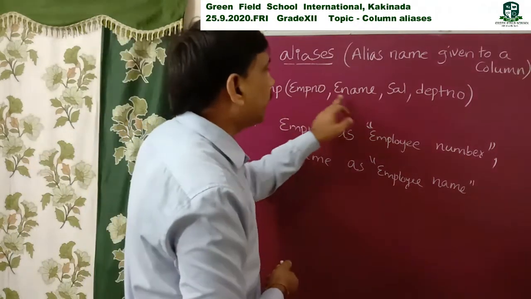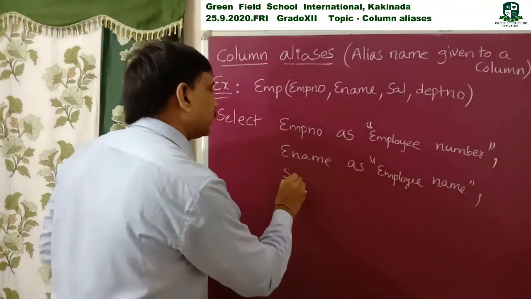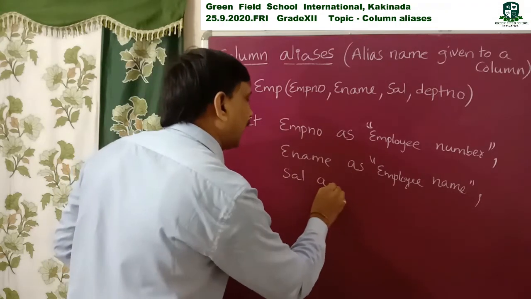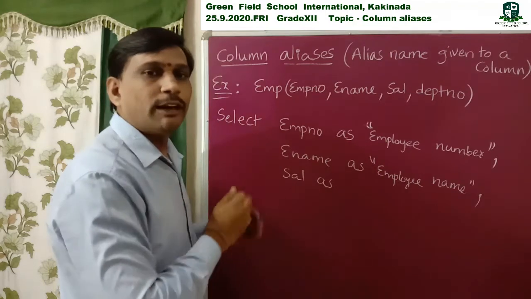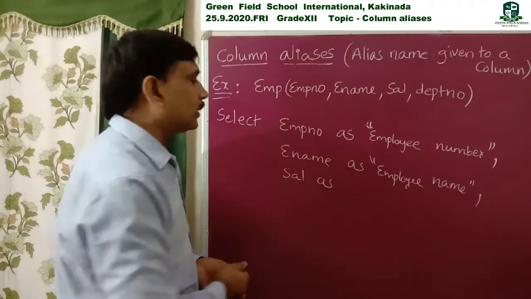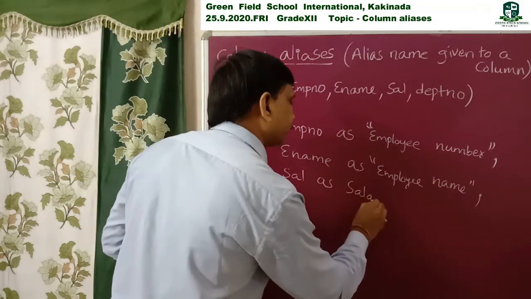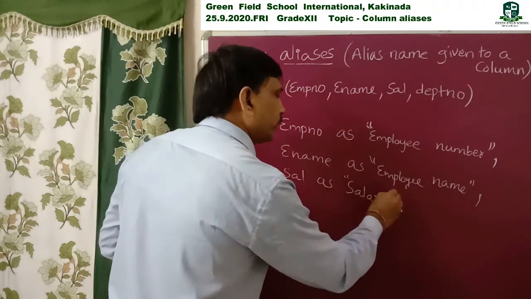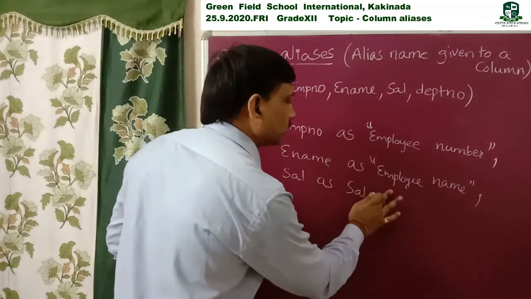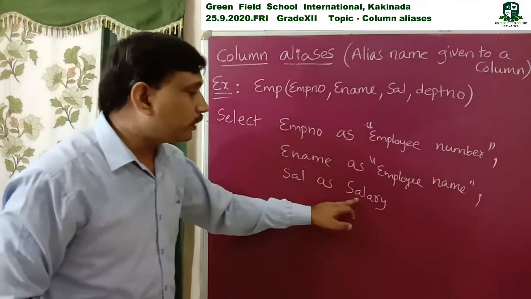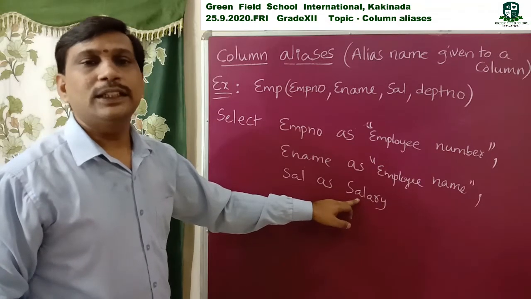Up to now I have specified only two columns. Next column, sal. I specify sal with the keyword as; before specifying as and after specifying as, we leave at least one space. Salary: here only one word, so we do not specify any single or double quotes.